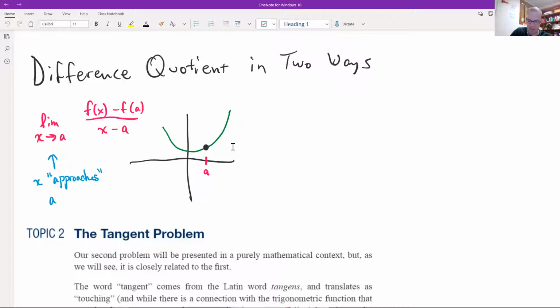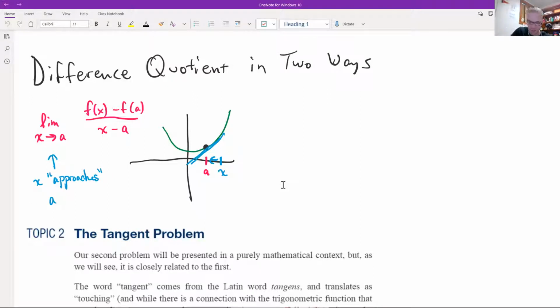And then, yeah, we're basically trying to find a slope. And then x is this other x value, but it is approaching a, we're scooting over towards it. And as that happens, we get better and better estimates of the actual slope.